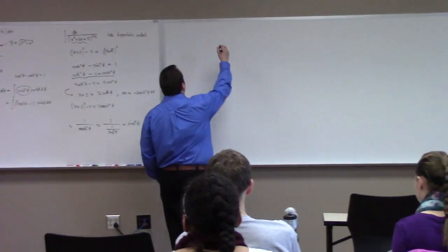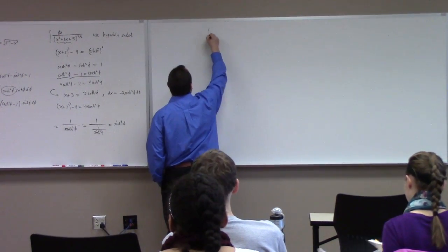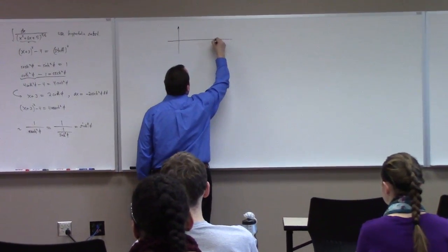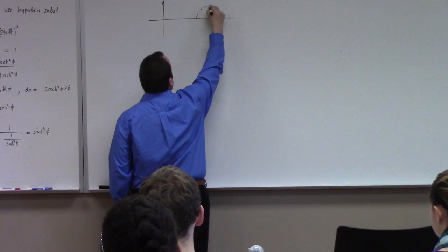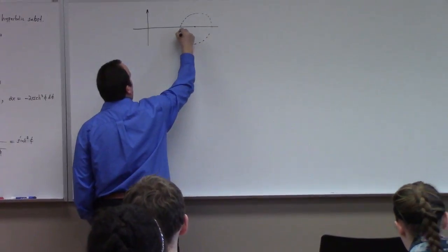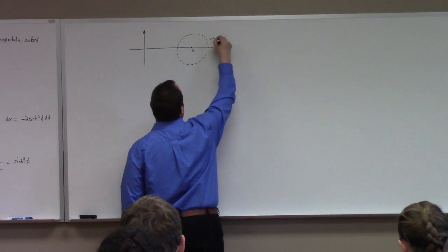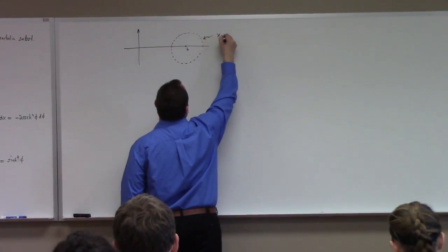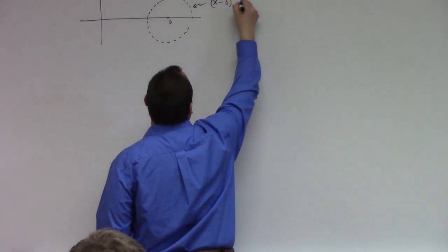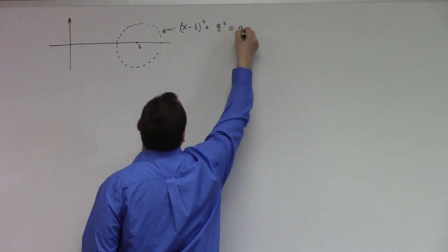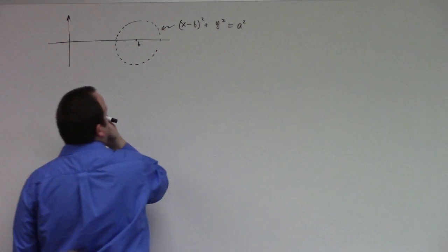It's obtained as a solid of revolution, right? So I think it's out here somewhere. This is at b, and this is x minus b quantity squared plus y squared equals a squared, right? Here a and b are assumed to be positive constants.